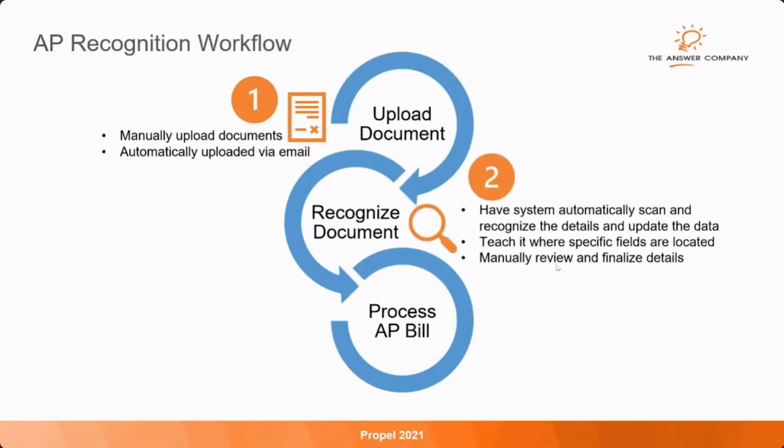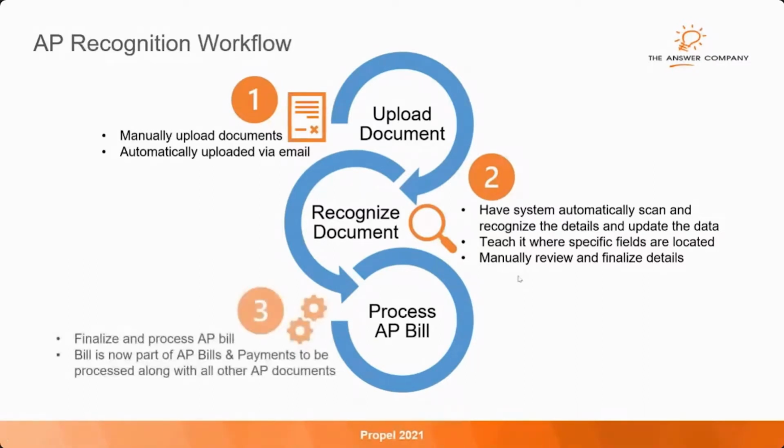So Acumatica is going to scan the document in detail and try its best to add all the details to your AP billing window. And then the final step is for the user to review all of that and fix up or add anything that might be missing. And then from there, that document is sent to accounts payable, and it continues on the normal process of releasing your AP bills.